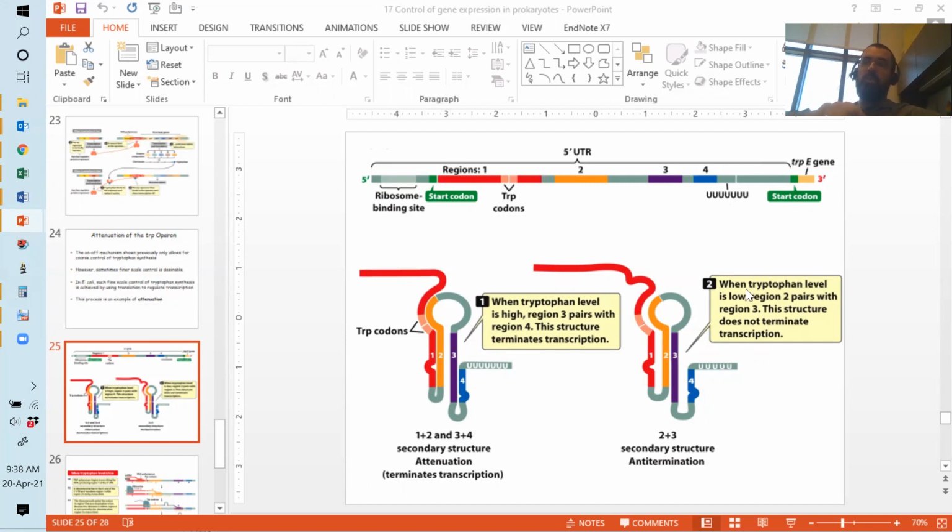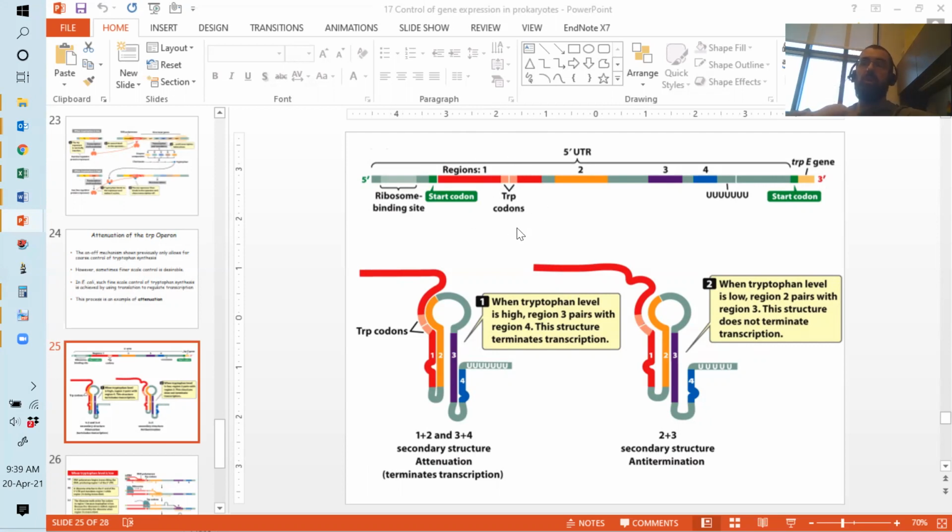The second key point is the presence of these trp codons here. So these are essentially the sensors. These are the things that allow the bacterium to detect, or the regulatory machinery, because this isn't obviously a conscious effort, how much tryptophan is present.